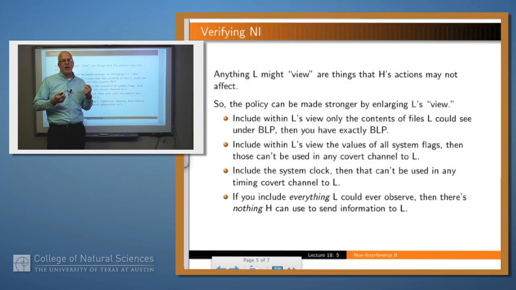And if we can prove that H can't do anything which will affect those in a way that L can see, then we don't have any storage covert channels. If we throw into our view the clocks and the interleaving or the ordering of events, then we can't have any timing channels. And in fact, if we threw in everything that L could possibly see, then there couldn't be anything that H would do that would send information to L.